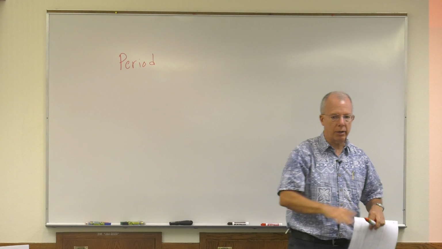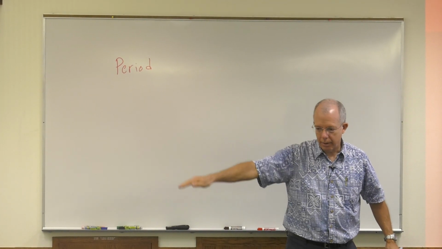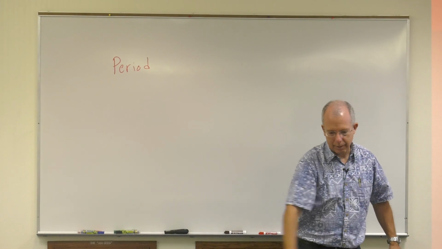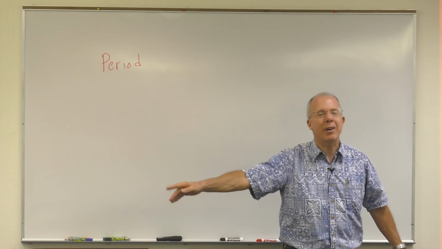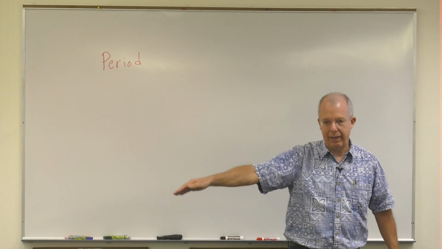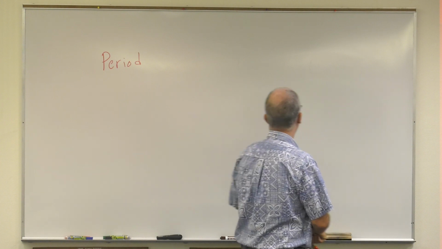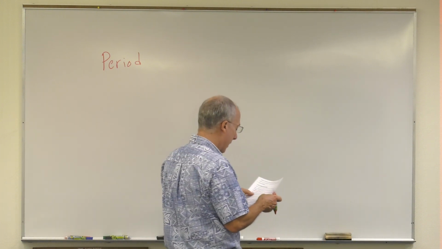If you have a grandfather's clock, this is the period. It's the time for one, I don't want to say orbit, but revolution or something like that. Cycle, right? Start here, go like that, right? So it's a time for one cycle, one orbit, one revolution, whatever you want to call it.